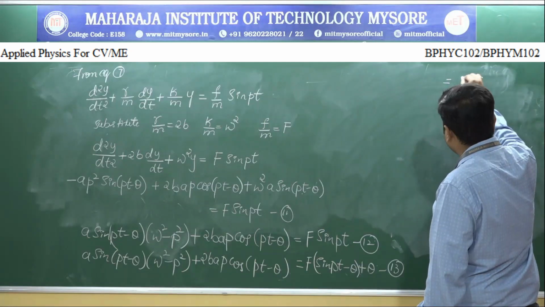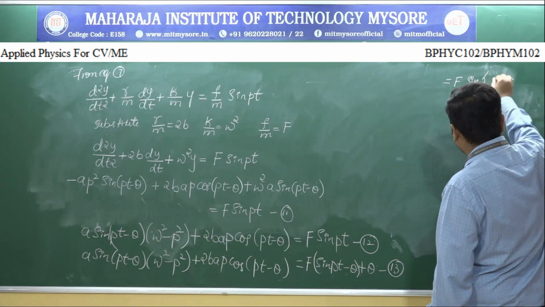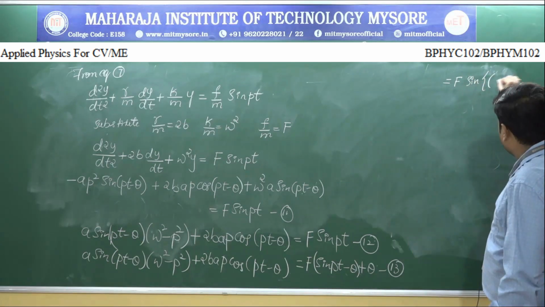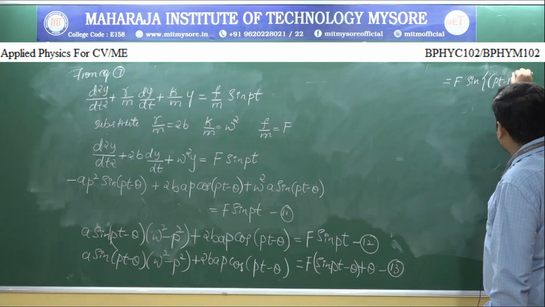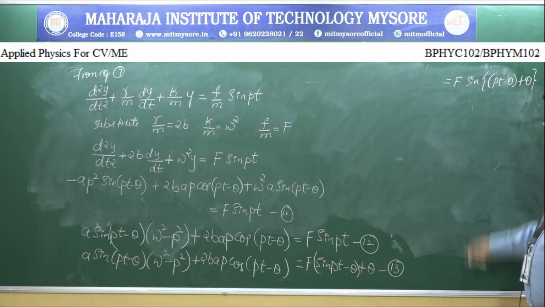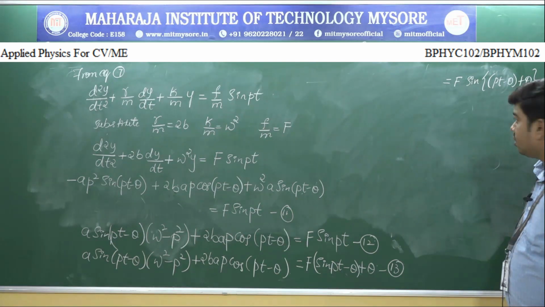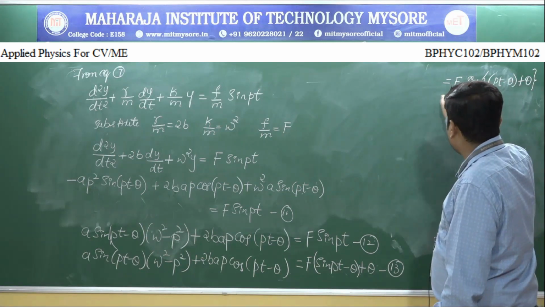This can be written as F sin(Pt − θ + θ). Now this is in the form of sin(A + B), so we can expand it.